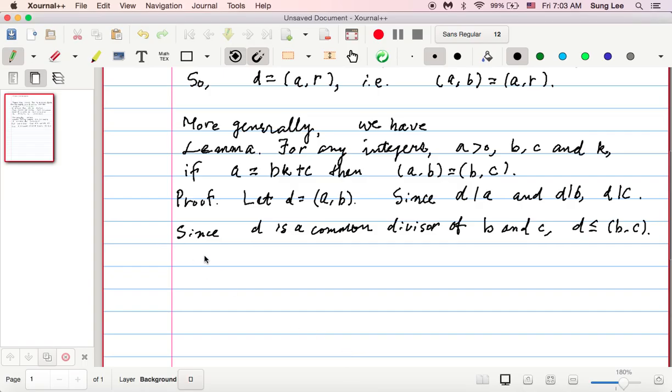Now for simplicity, let us denote the greatest common divisor of B and C by another letter, E, sorry.